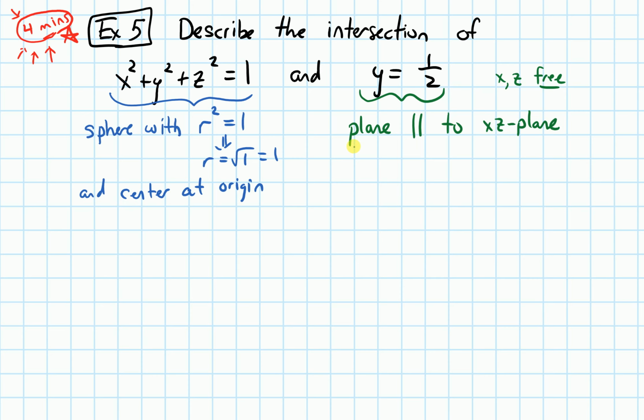Because the y coordinate is going to stay constant at just 1/2 the whole way. It'll be easier to see that once we start to graph this thing. So it's the plane parallel to the xz plane with all points having y coordinate equal to 1/2.